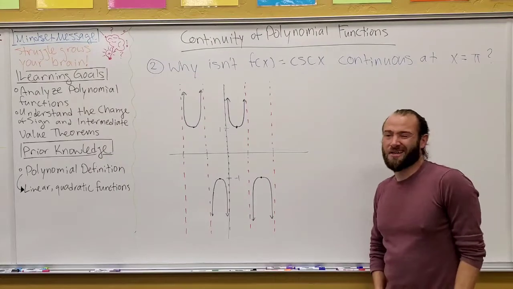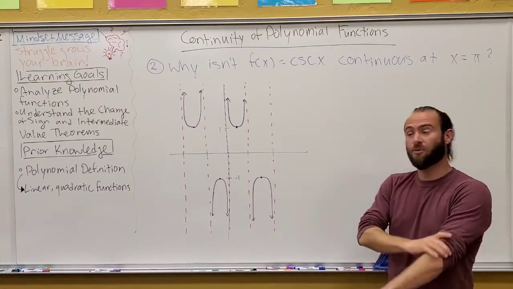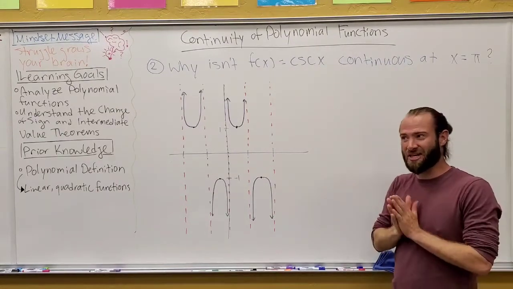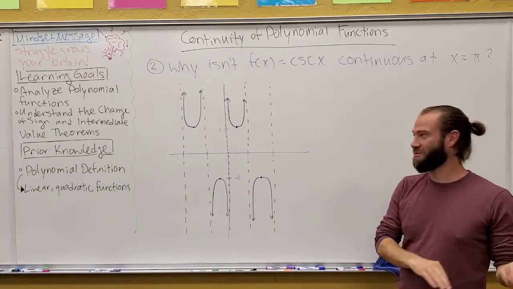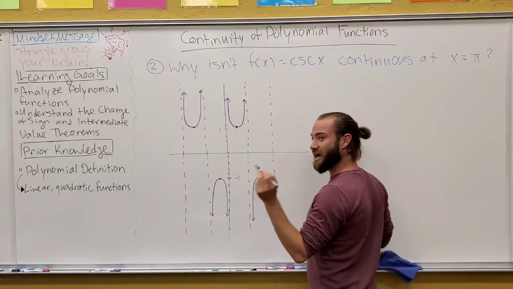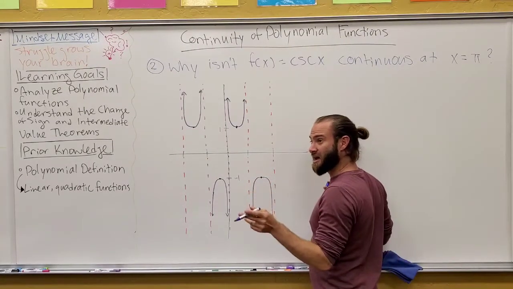So why don't we apply the same idea and ask the same question about the other non-continuous example we looked at, f of x equals cosecant x. But again, I apologize that I drew the wrong graph. I accidentally drew the graph of secant before. So this is the actual graph here of cosecant. And cosecant is undefined whenever sine is 0.